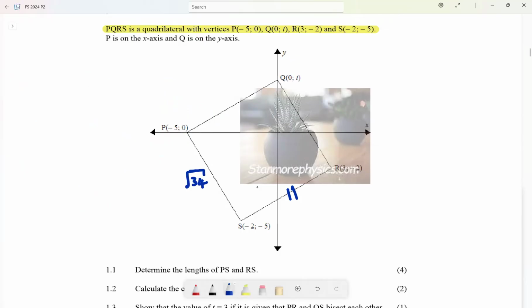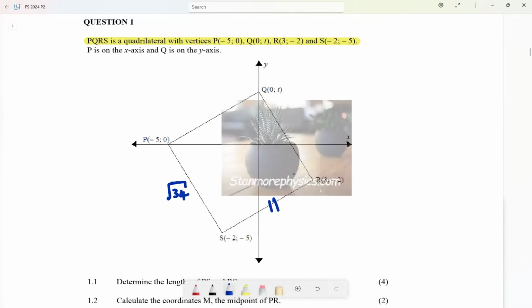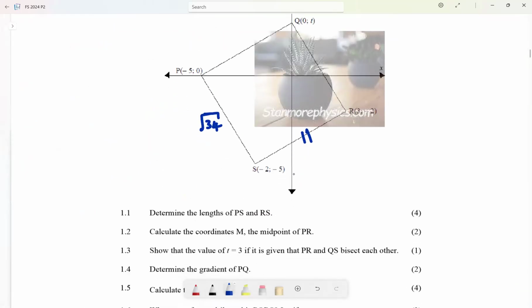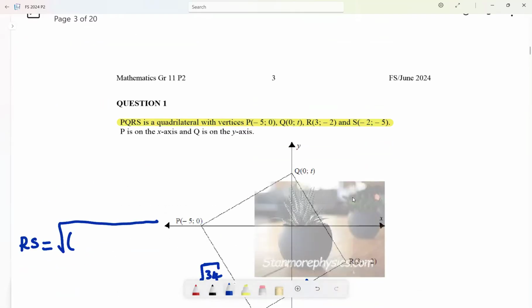Now let me find the length of RS, or SR, however. Let me say RS as they want it. Remember the formula, you're not necessarily given a mark for it. You just get a mark for substituting. What is the value of R? I think it is (3, -2).